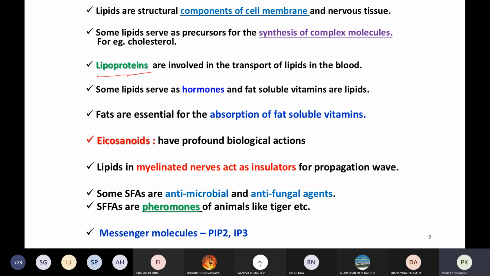The lipoproteins are the storage or transport vehicles for transporting lipids from the liver to the extrahepatic tissues, or from the extrahepatic tissues to the liver. So the lipoproteins are composed of lipid as well as protein. They are involved in the transport of lipid in the blood.